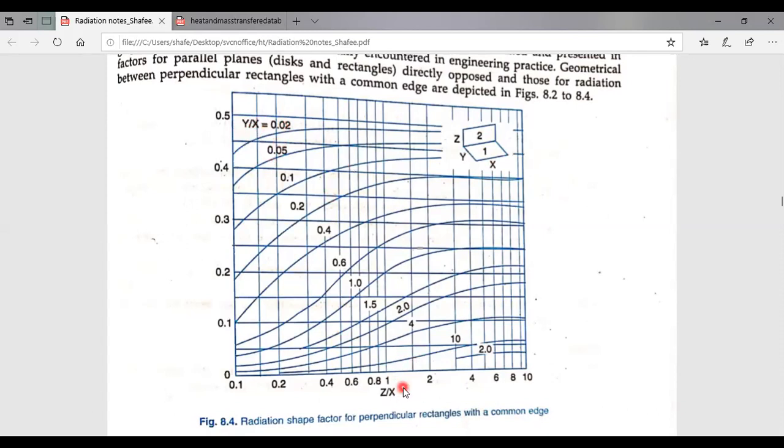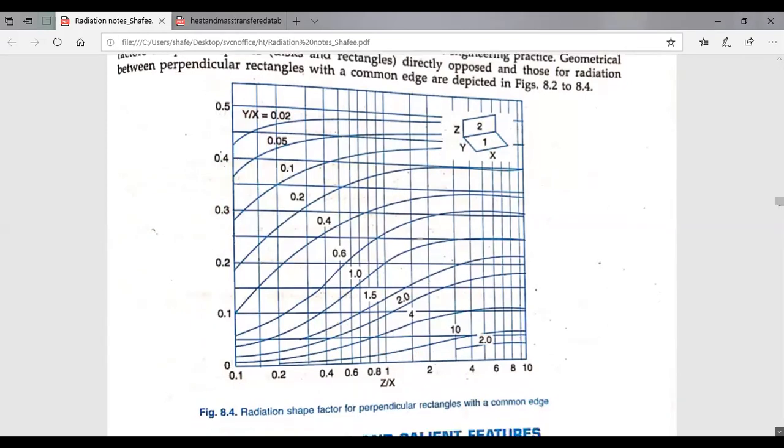First find out z by x, then y by x, and assume both are 1.6. Then it will be around 0.26 or something. Okay, so that's how I can find out the shape factor, where the y-axis is the shape factor. So this is for perpendicular rectangles.